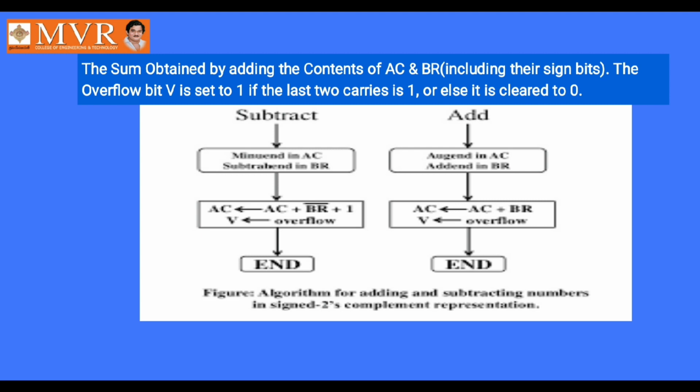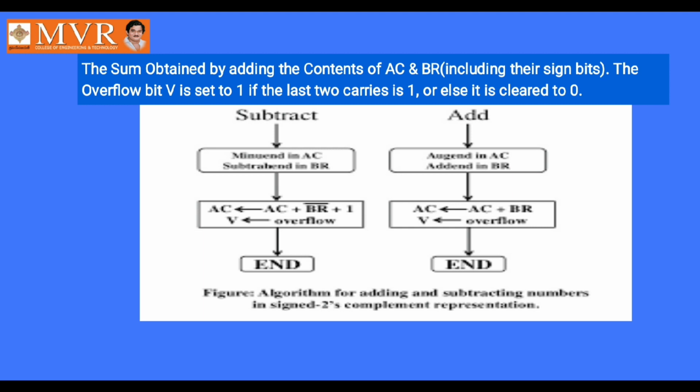And you can see in the add operation flowchart, in the subtract, AC and BR are named minuend and subtrahend. Previously, we discussed some terminology. If the operation is a subtract operation, the two values are called minuend and subtrahend. Whereas in the add flowchart, the two values are called augend and addend. So if you want to perform augend and addend addition, simply AC is equal to AC plus BR.